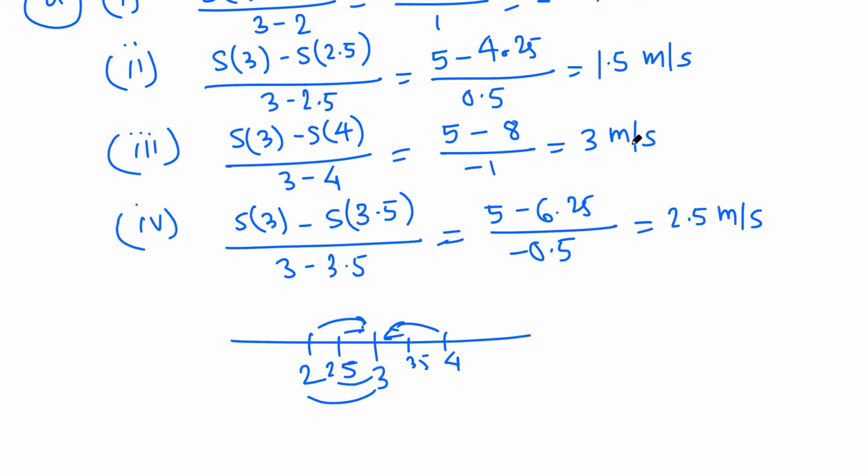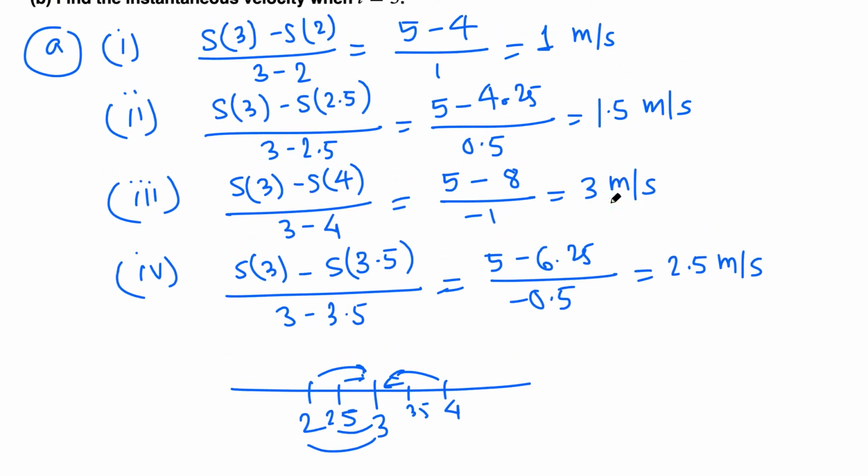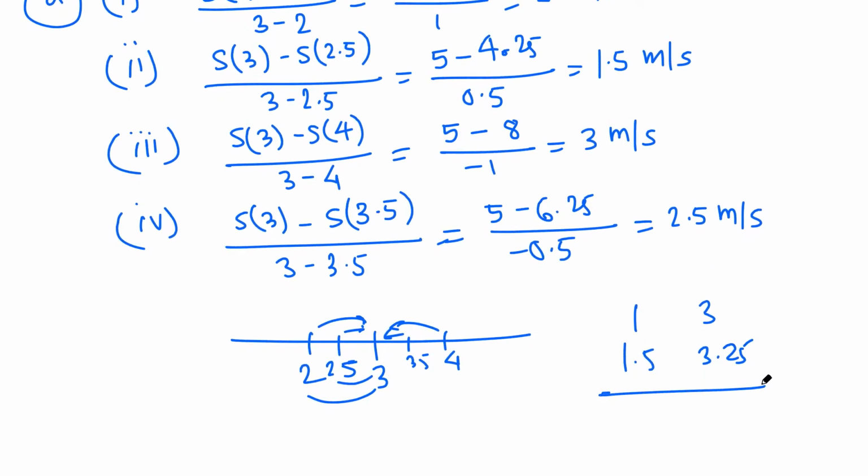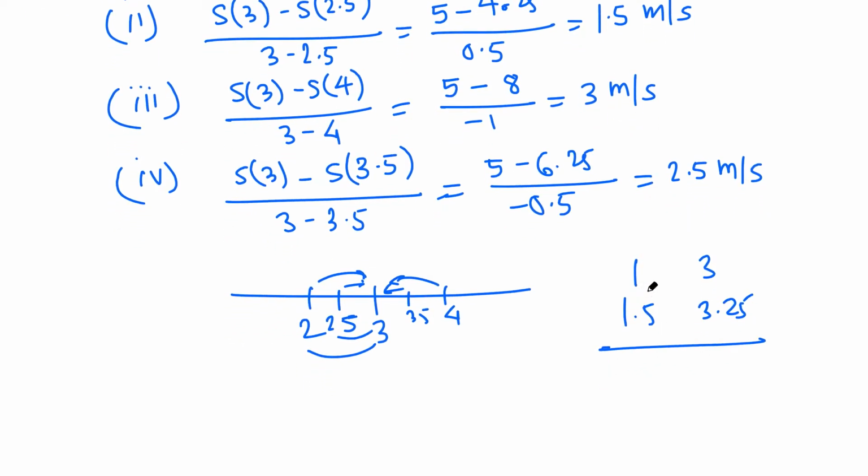From the right side, it's 3, then 2.5, so it's decreasing. We can guess this: 1, 1.5, maybe 2, and from the right 3, 2.5, going toward 2. That could be the instantaneous velocity.